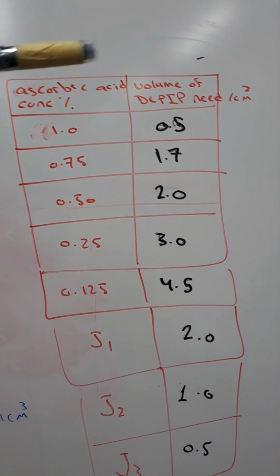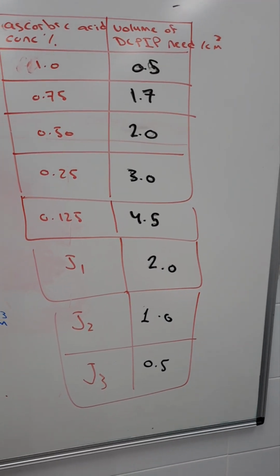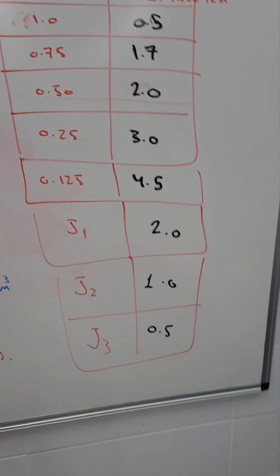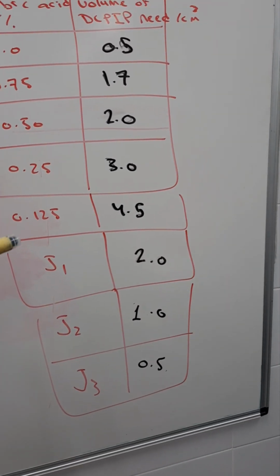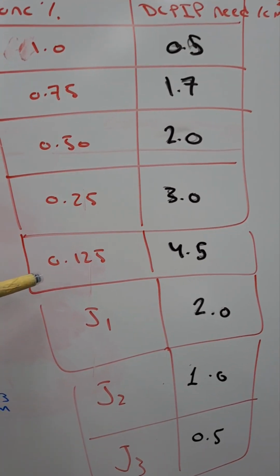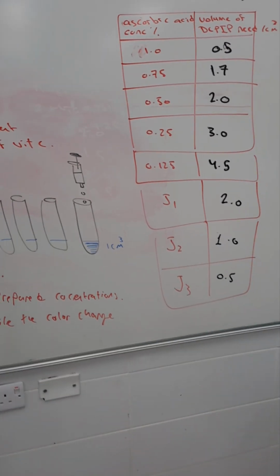You can simply add them and divide by 2 to get a better estimation. For J3 it is 0.5, which means it's going to be less than 0.125. So all of that is about estimation.